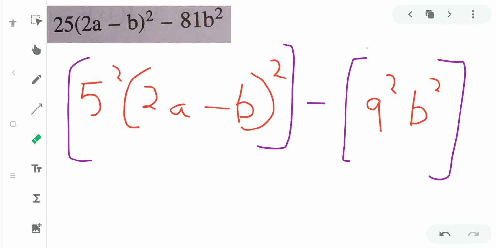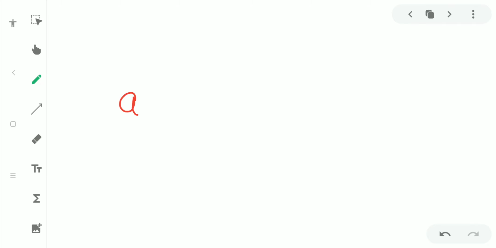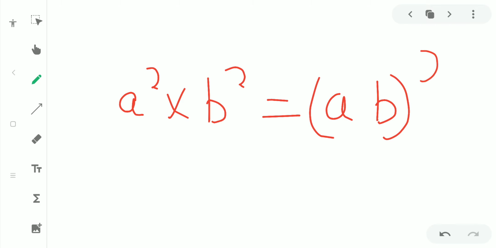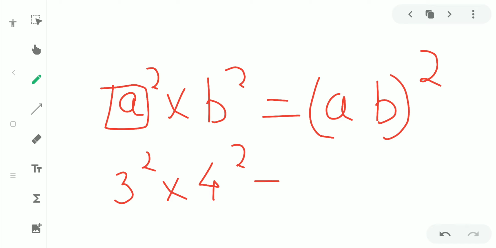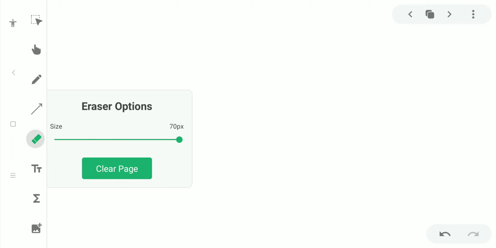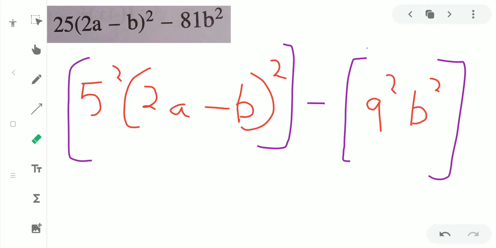And we have another formula, that is a square times b square is equal to ab whole square. So if we have a number a, I will take it as 3 square, and b I will take as 4 square. So we will be getting 3 into 4 whole square. So that one. Now let us solve it.